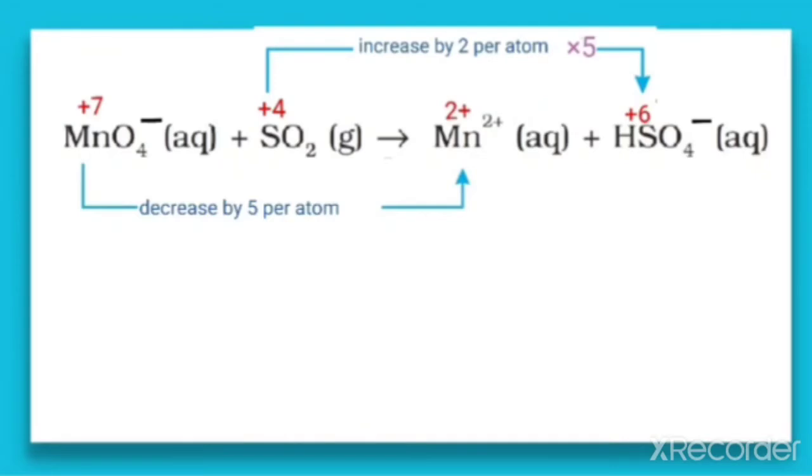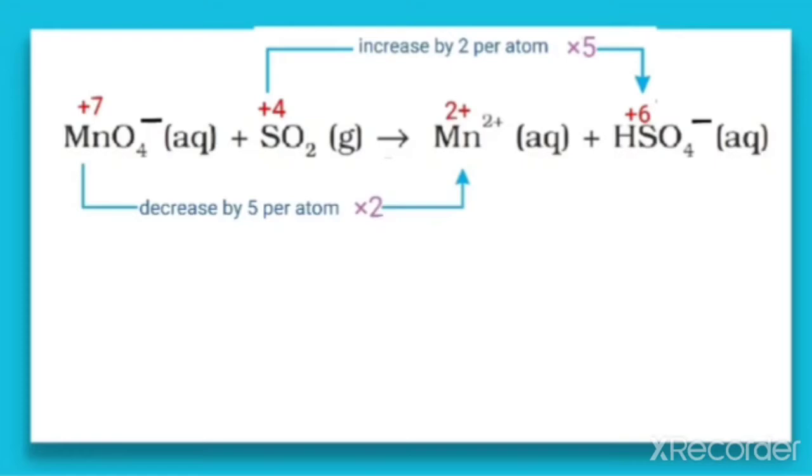And in the case of the decrease, because there is a decrease by 5 per atom, we need to equalize it with the increase, so we have to multiply with 2. It's very important here that for equalizing we multiply with a suitable number. So here 5 and 2 we have multiplied in order to equalize the increase and decrease.